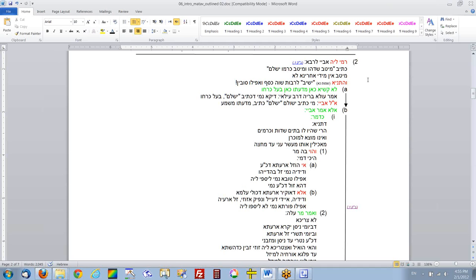So here Abaye found two verses in the Torah that now are going to conflict. What are they? Meitav Sedeihu or Meitav Karmo Yishalem. We just saw that in the case of Shein and Regel, it says Meitav Sedeihu u'Meitav Karmo Yishalem, and we saw that it spread all over. Meitav means that you have to give the best, and only the best, and we're going to have to describe what does best mean.